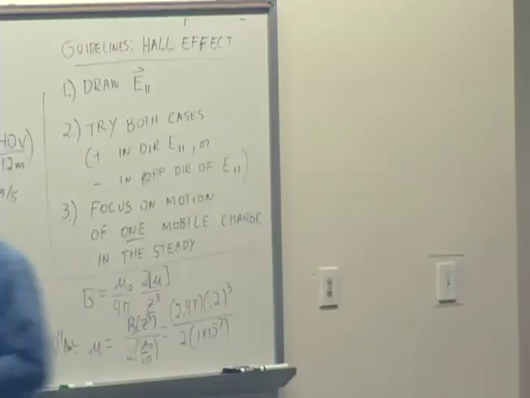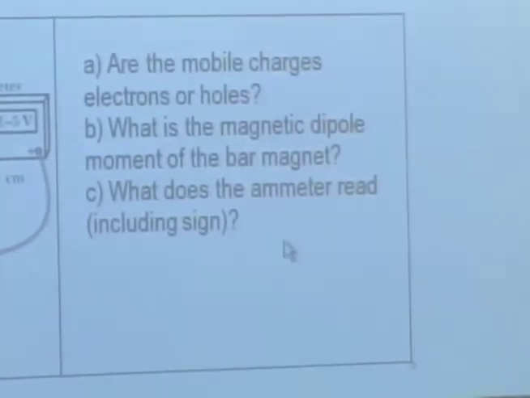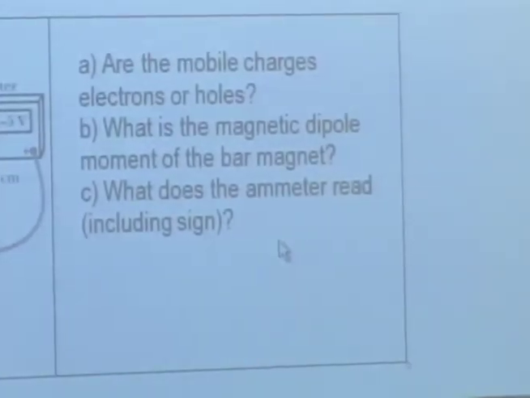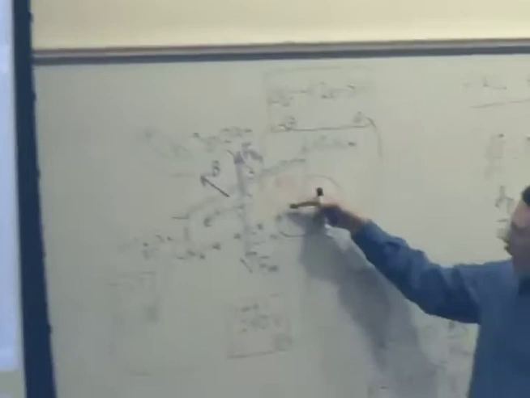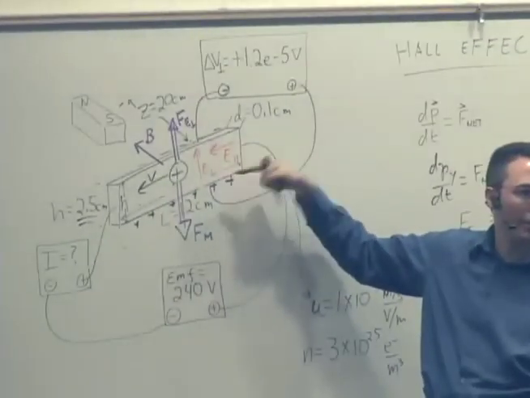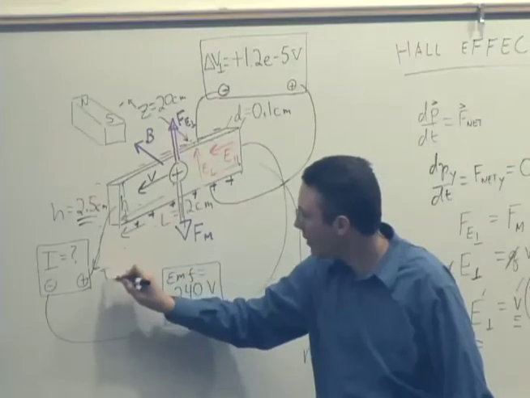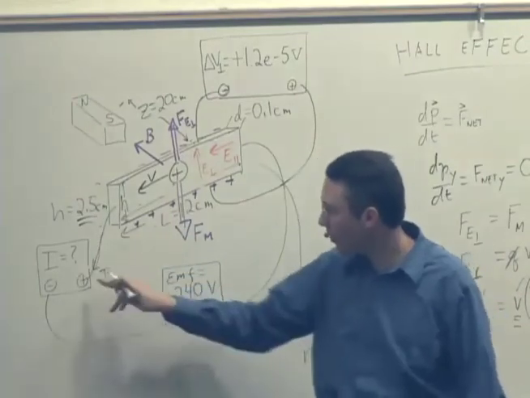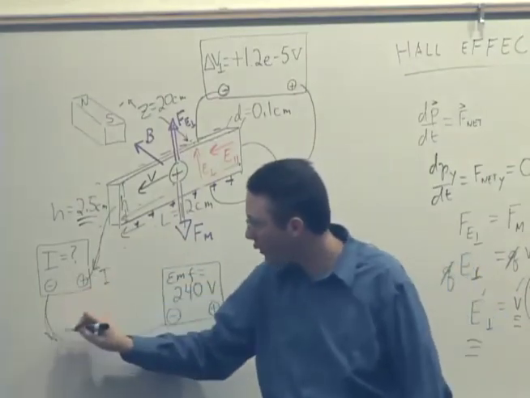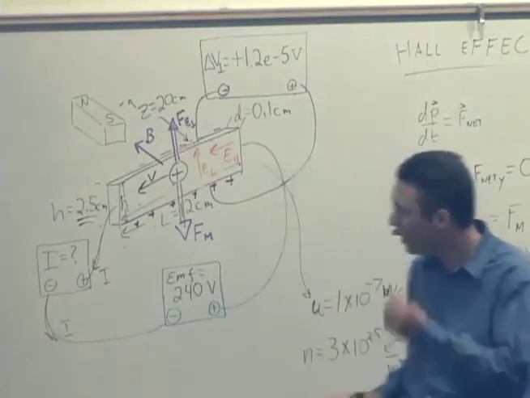The last question was just on the current. The conventional current, we know, is going to be flowing in what direction? Capital I through the bar is flowing that way, right? So capital I is flowing into the positive terminal of the ammeter and out of the negative terminal of the ammeter.